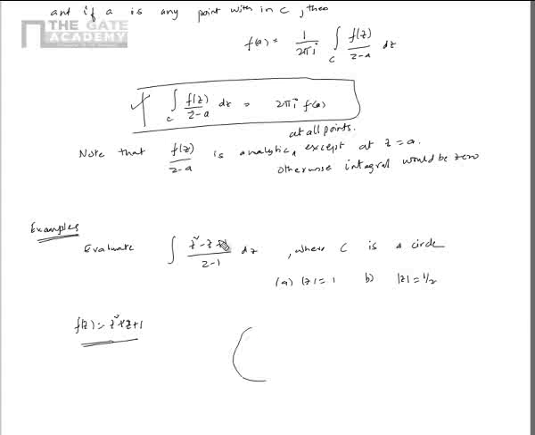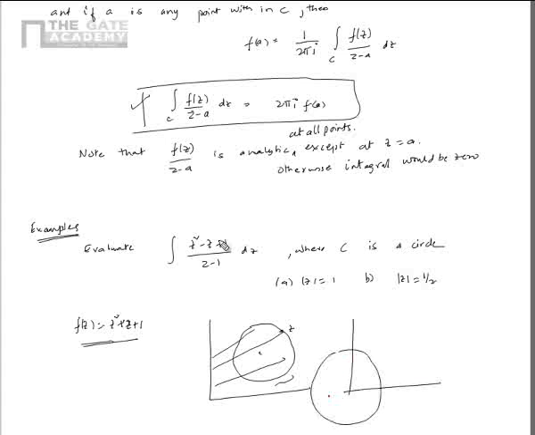Let me draw it correctly. So this is the origin, and z is any point, and the radius is 1. That's why it's mod z is equal to 1. Everywhere this is analytic.